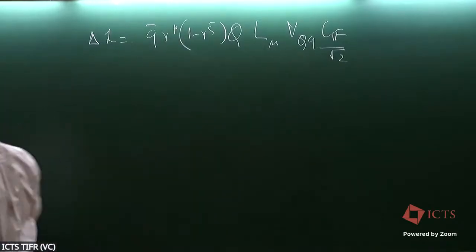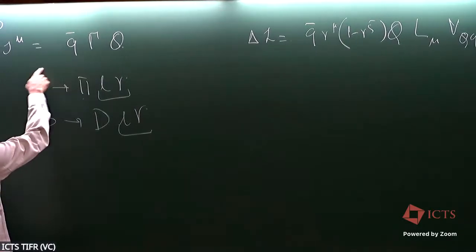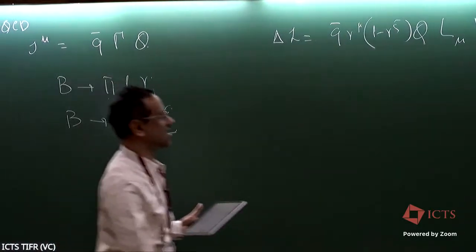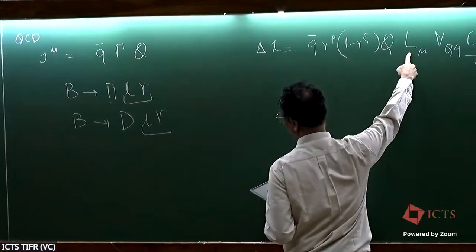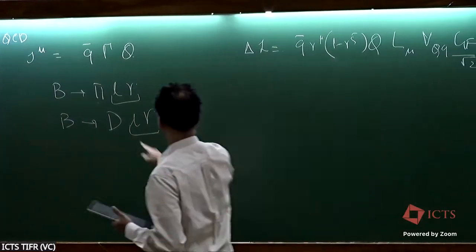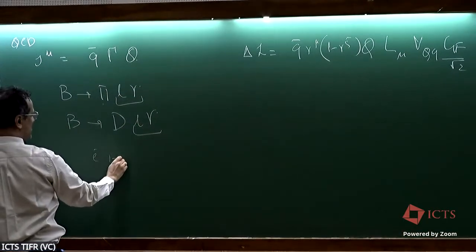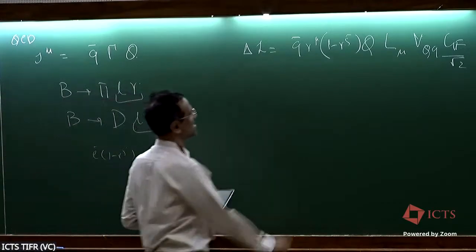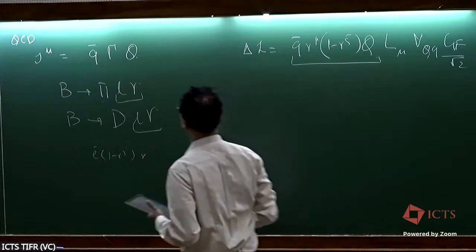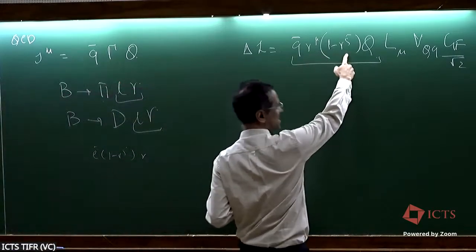For example, b would go to a u here in this case. So there'll be a V_ub. There's a leptonic part which tells you that l and nu are connected by l-bar (1 minus gamma 5) nu or its Hermitian conjugate. And then there is this current where you have some combination of gamma mu and gamma 5.